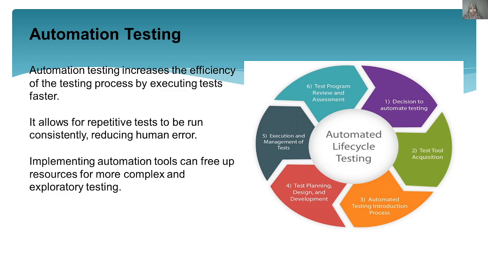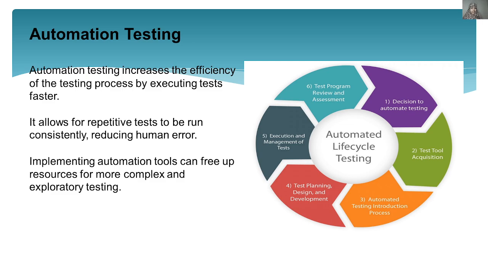The step by step procedure involved in automated lifecycle testing is very important, wherein you plan. Test planning is very important. It plays a vital role, I can say. Then you put in ideas wherein you design it, and development is a base. The development should be very strong when it comes to lifecycle testing.